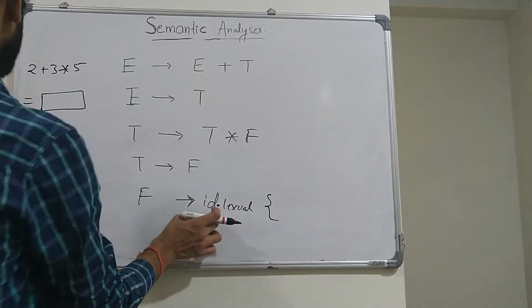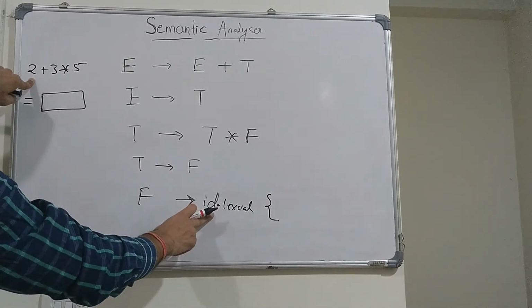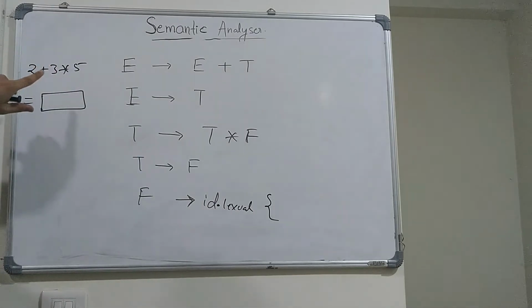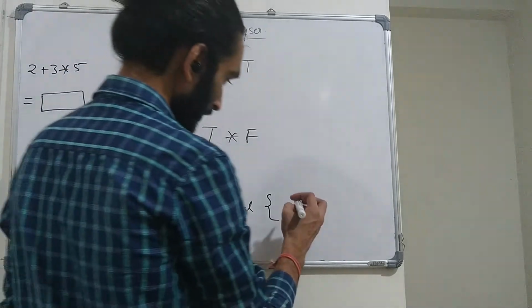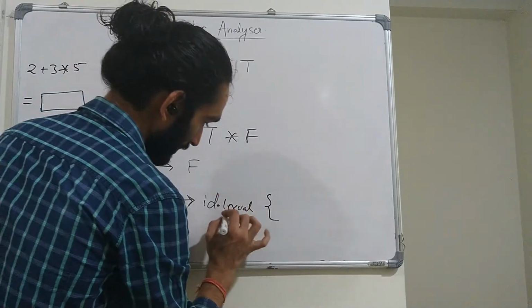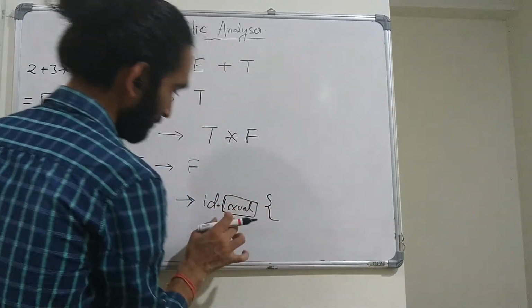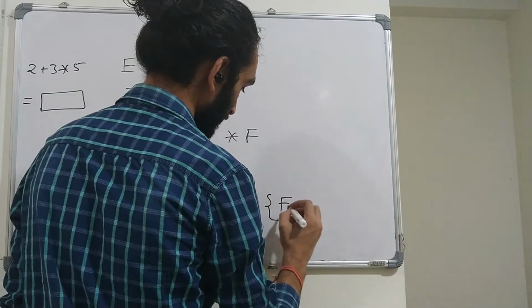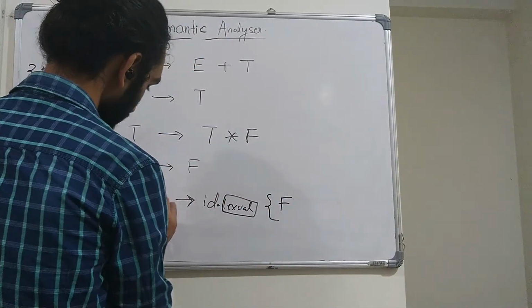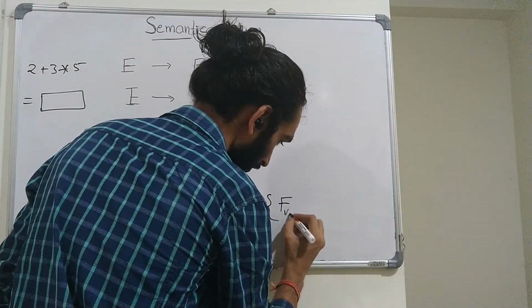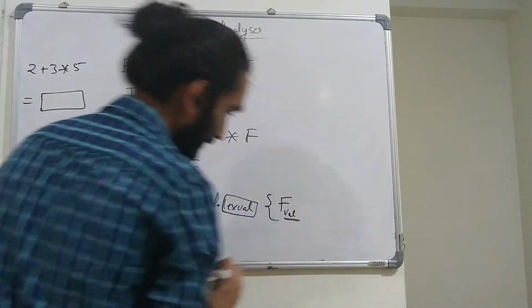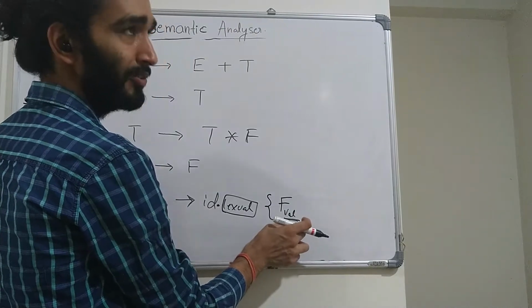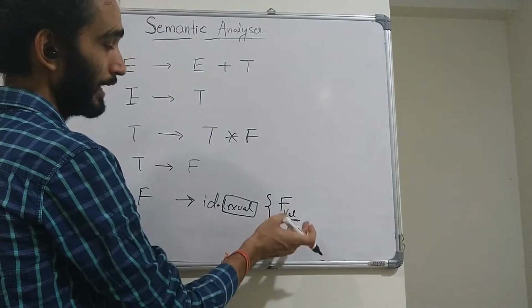If the lex value of the identifier here is 2, it returns 2, and if here it is 3, it returns 3. So this lex value is nothing but attribute information regarding this identifier. I'm using a value attribute as well. Val means nothing, it is just a name; you can use v or p or anything.